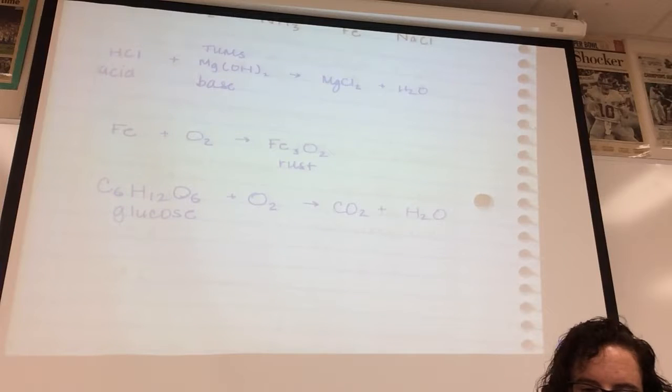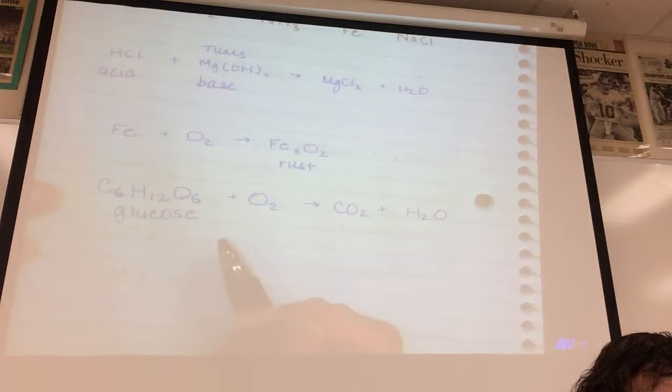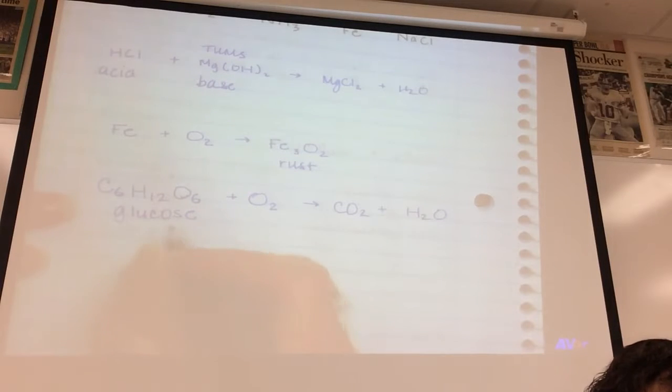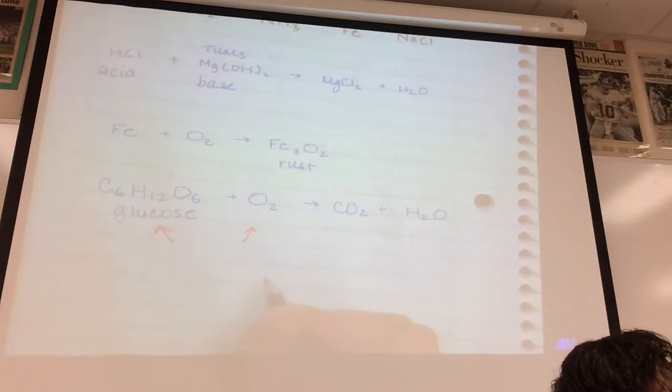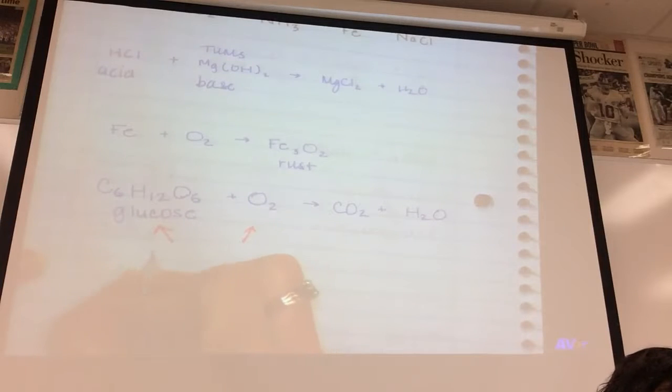In the examples I've given you here, let's look first at this one. Glucose and oxygen are your starting material. They're present at the beginning. They will react. These are the reactants.